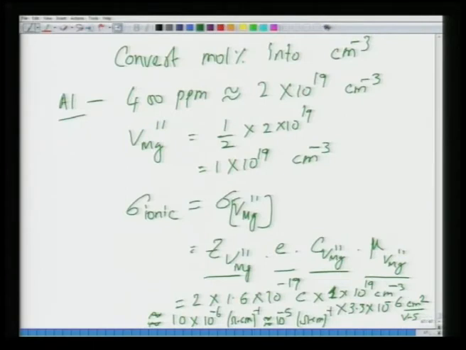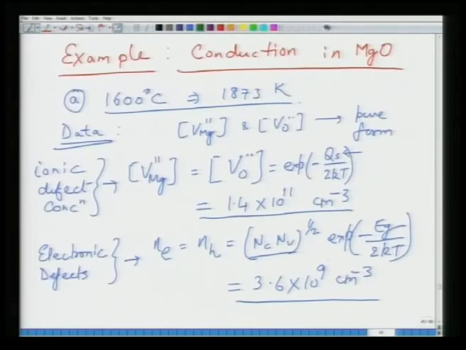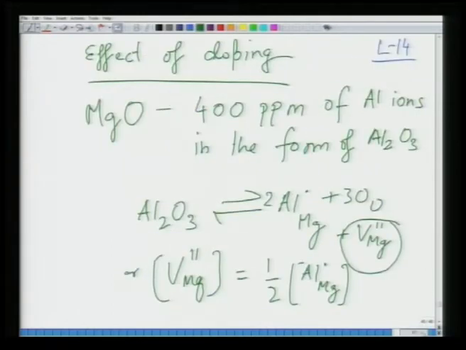Okay. Now if you go to the next slide, electronic conductivity has to be either due to electrons or holes. We have calculated the intrinsic electron concentration, which was 3.6 into 10 to the power 9. Now let us see what the electron concentration is due to defect creation.